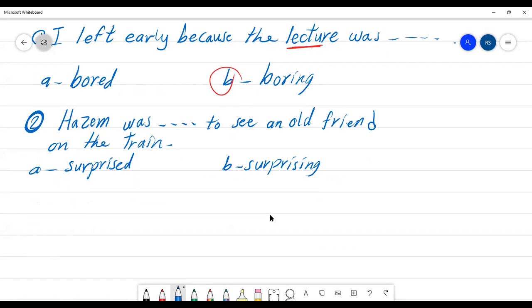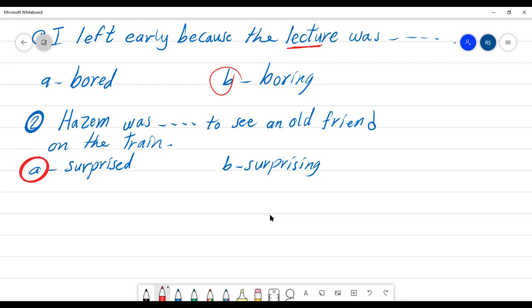Let's listen to Abdullah Sukkar. Hazem was surprised to see an old friend on the train. Excellent. Here we are describing the feeling of Hazim, or how does Hazim feel? So we use ed, the past participle of the verb, as an adjective to describe how someone or an animal feels.